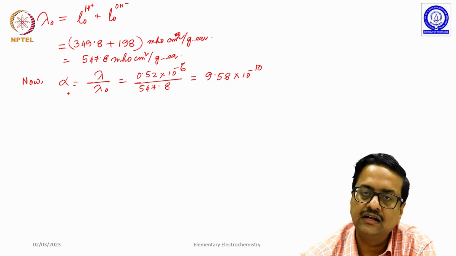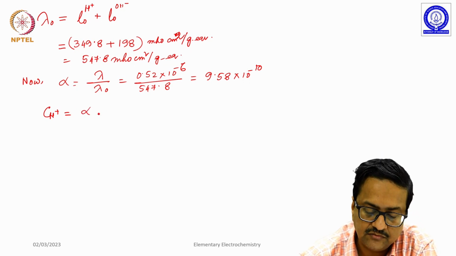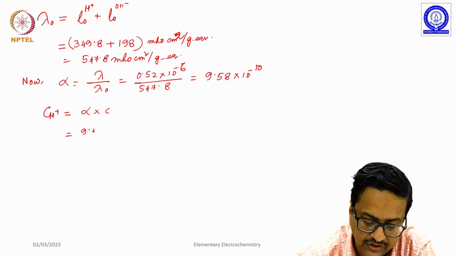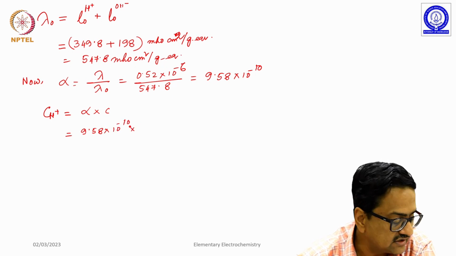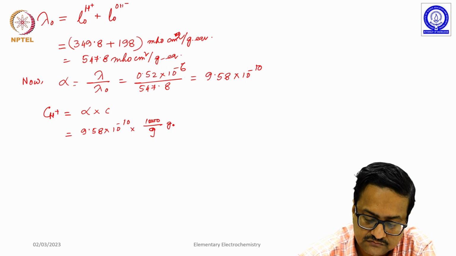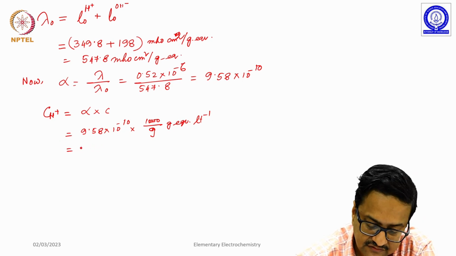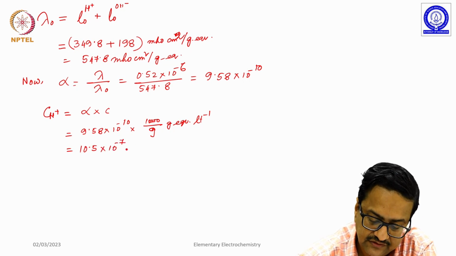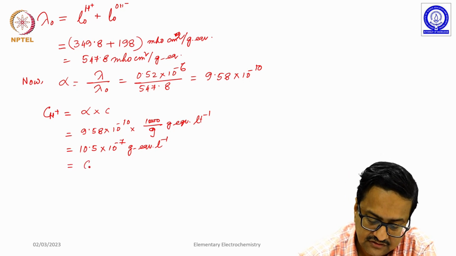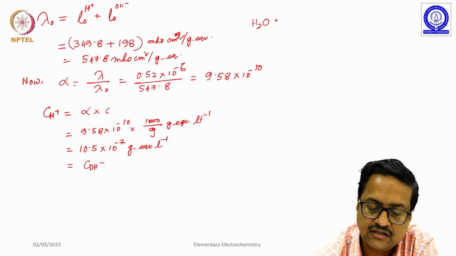Now from this, if we want to calculate the concentration of H plus in this conductivity water, it is nothing but the degree of dissociation alpha into concentration of water, that is alpha is 9.58 into 10 to the power minus 10, and concentration of water is again 1000 by 18 gram equivalents per liter, or you can calculate it as 10.5 into 10 to the power minus 7 gram equivalent per liter, which is also same as COH minus, because both H plus and OH minus are dissociated from water.